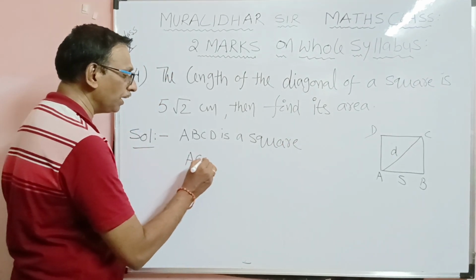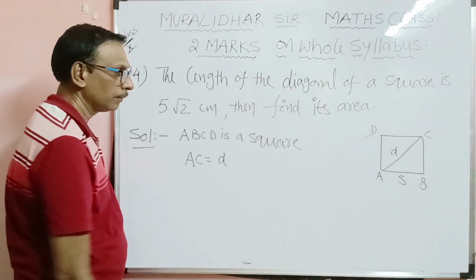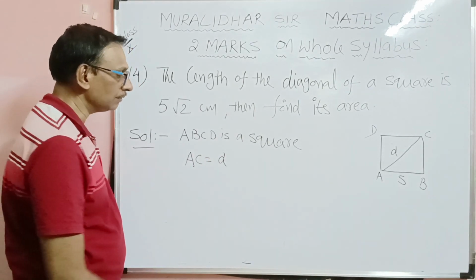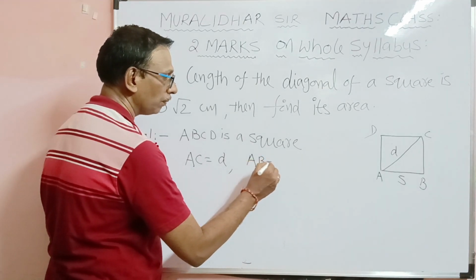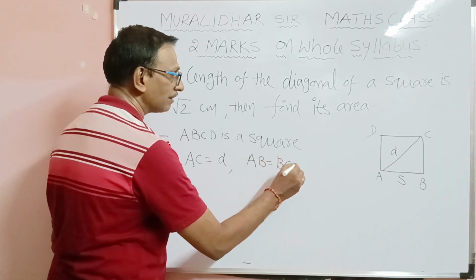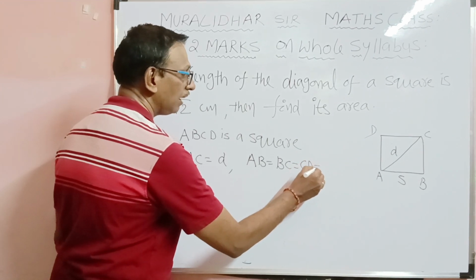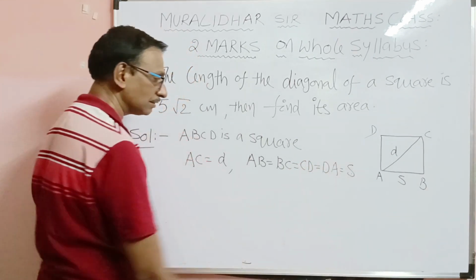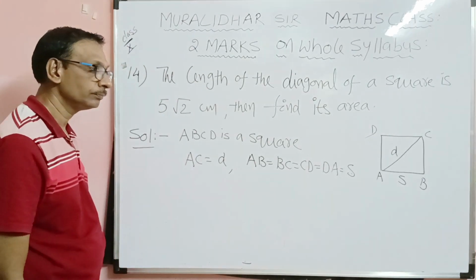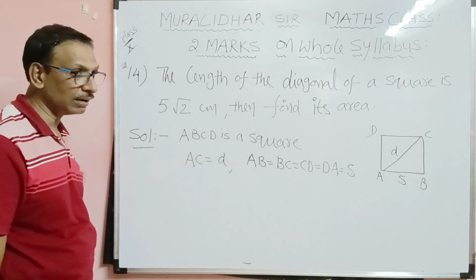AC is equal to d, that is the diagonal. AB is equal to BC is equal to CD is equal to DA, that is equal to s units. All sides are equal in the square.